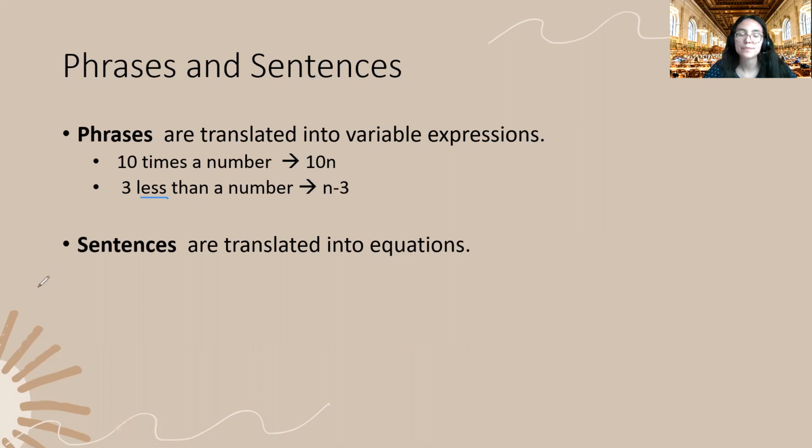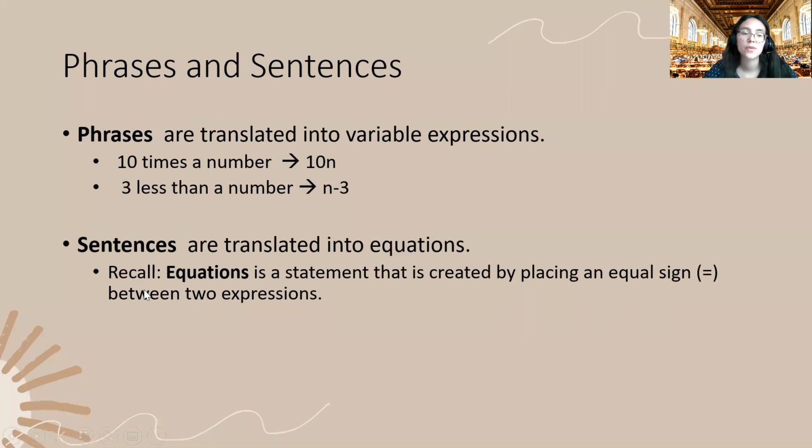So recall that equations are statements that are created by placing an equal sign between two expressions, and we just discussed that. So the sum of a number x and 2 is 6. The word "is" right here is really important. It tells us that we will have an equal sign separating this from this.